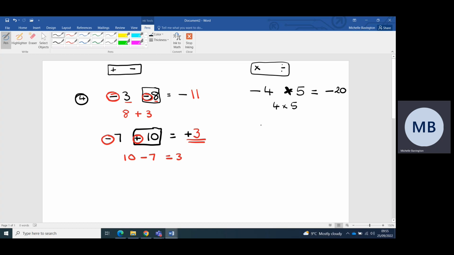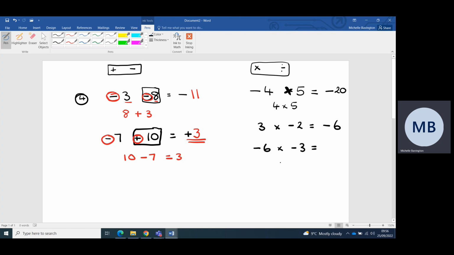Okay, let's just do another one. 3 times -2. One sign, keep it. But I've got one negative sign. Two signs don't. So 3 times 2 is 6. Let's do another one. -6 times -3.